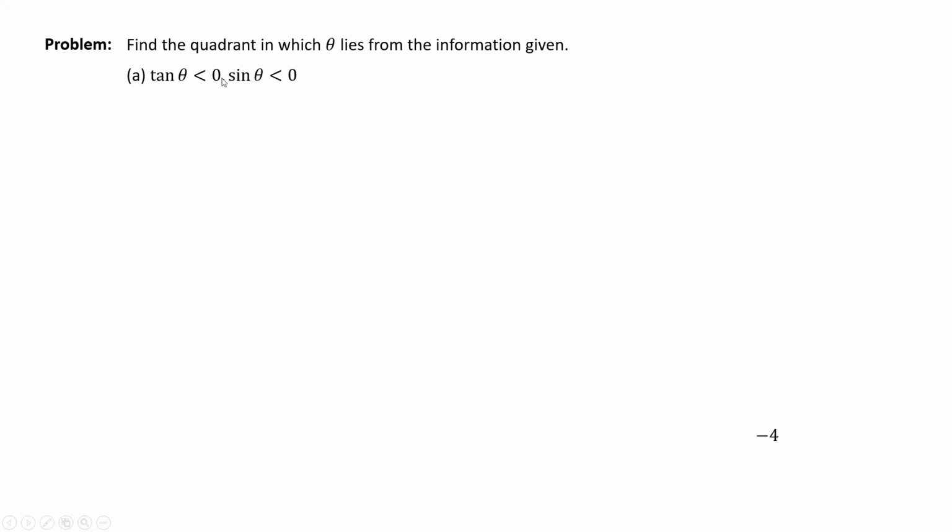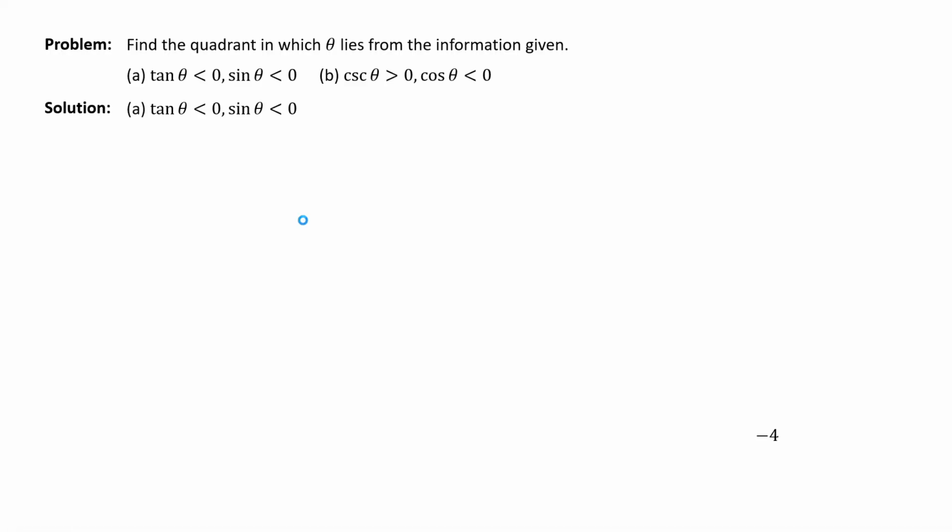But then sine is positive in the first and second, so sine is negative in the third and fourth. Sine is negative in third and fourth. Tangent is negative in second and fourth. What's common? Fourth. That's the way I do it.